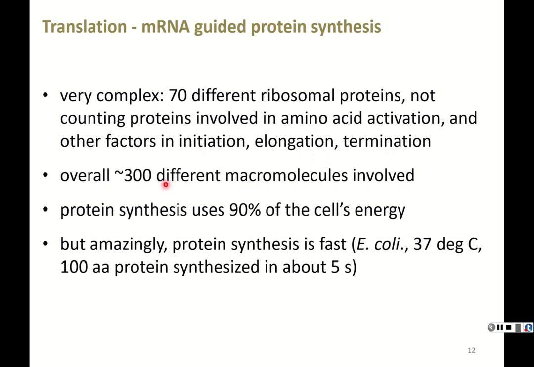Overall, it's estimated that there are about 300 different macromolecules involved in this process, so it's very complex. And because of that complexity, it uses a great deal of the cell's energy. It's estimated that about 90% of the cell's energy goes to protein synthesis.